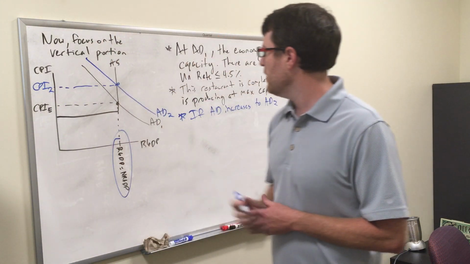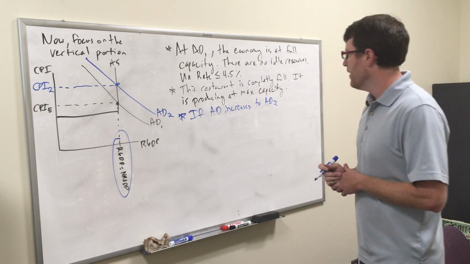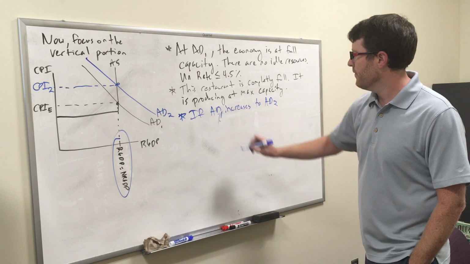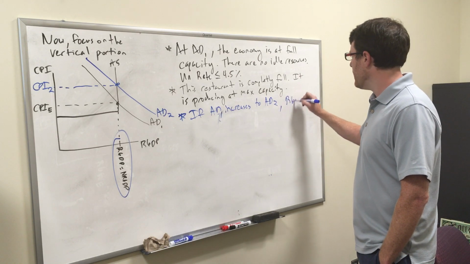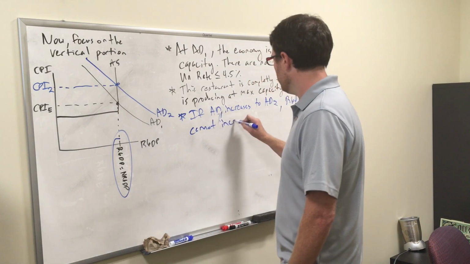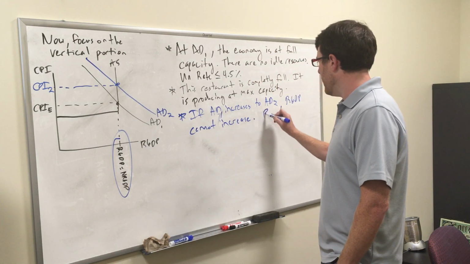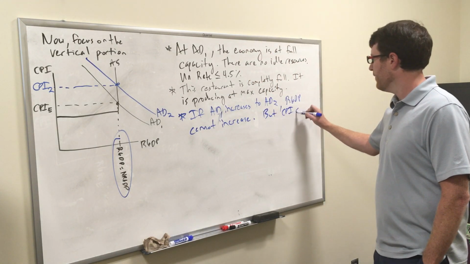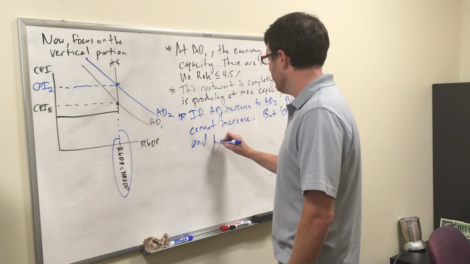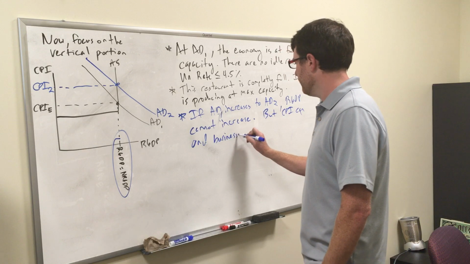CPI rises to CPI 2, because if aggregate demand increases from AD1 to AD2, real GDP cannot increase. But CPI can. And businesses will do exactly that. They'll raise their prices.